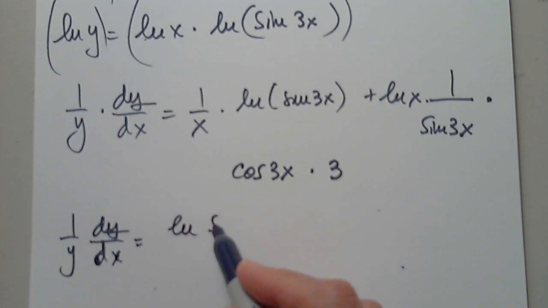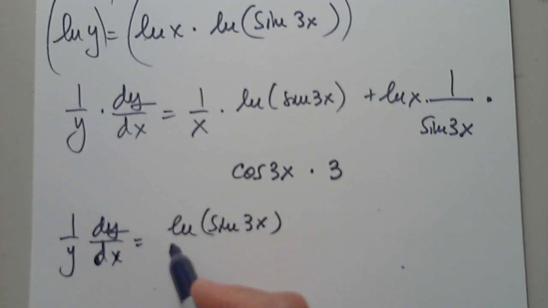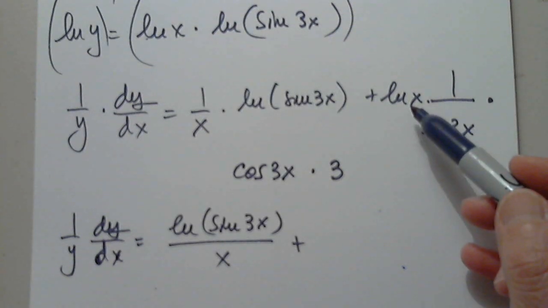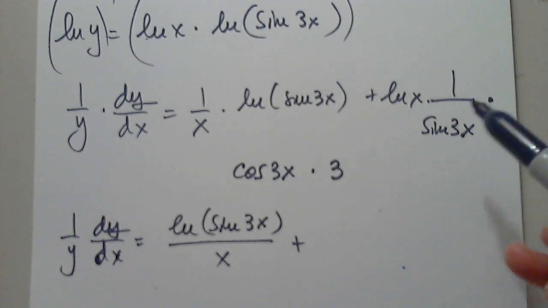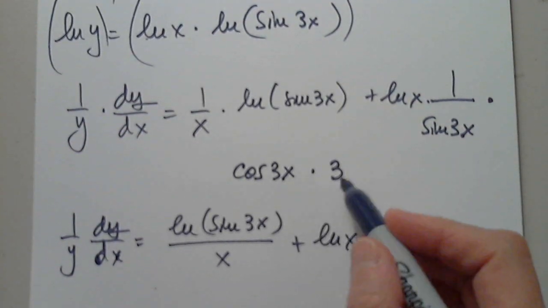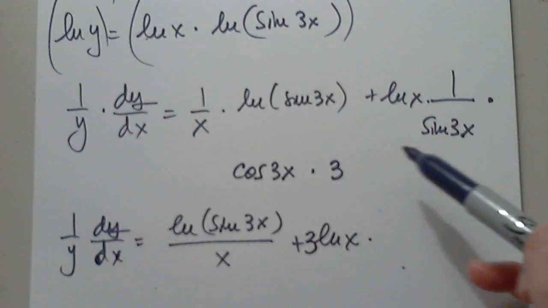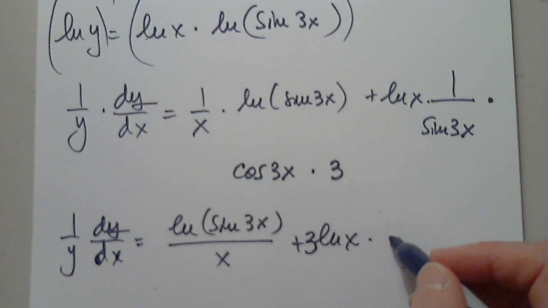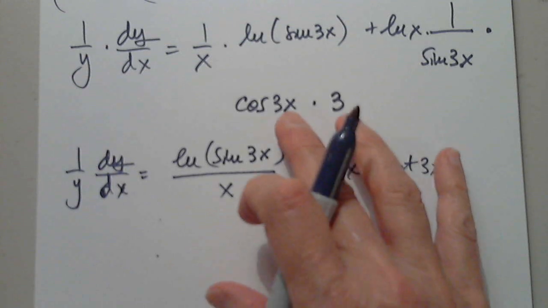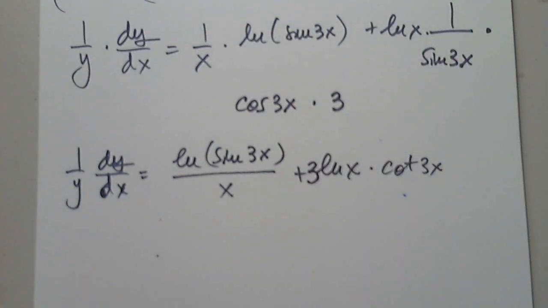So natural log sine 3x divided by x plus natural log x cosine over sine, so I have natural log x, and with a 3 in front. And then cosine over sine is cotangent 3x. Cosine is in the numerator, sine is in the denominator.